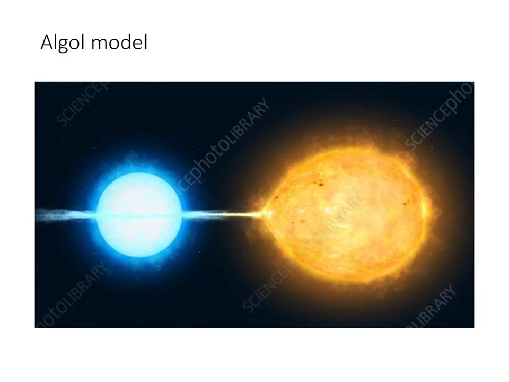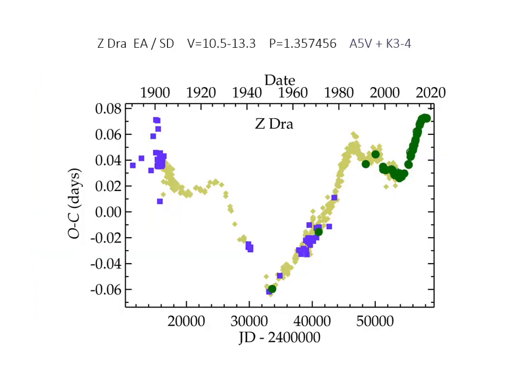Now, Algols are supposed to be in the stage where most of the mass transfer has occurred, and so they are in a slow stage of mass transfer from the secondary, the new secondary, to the new primary.